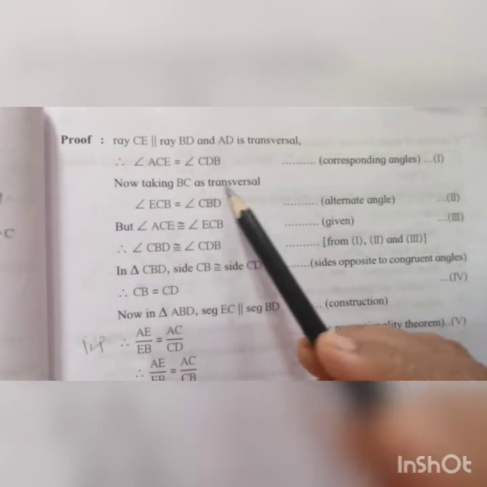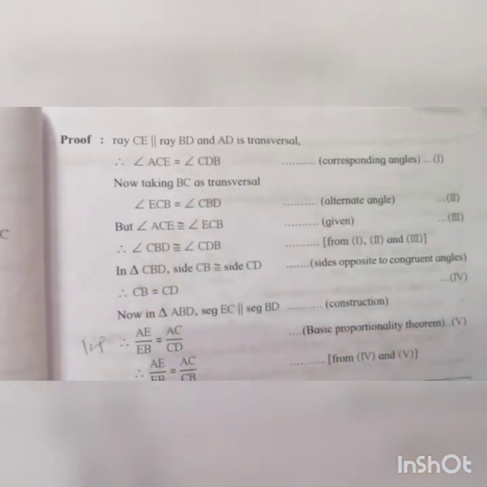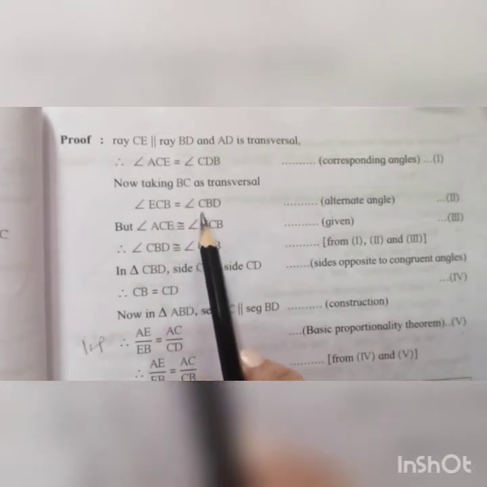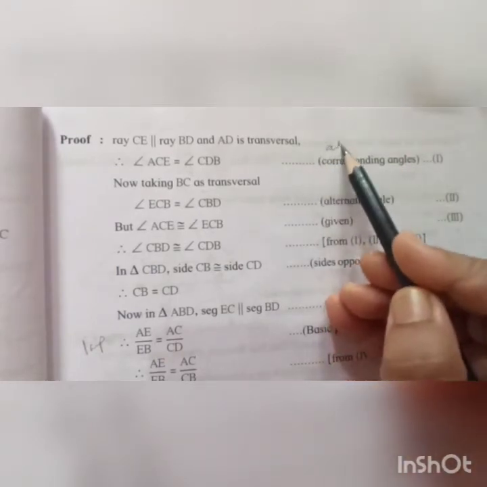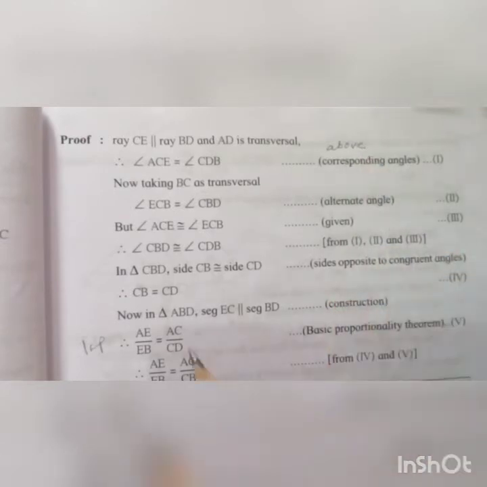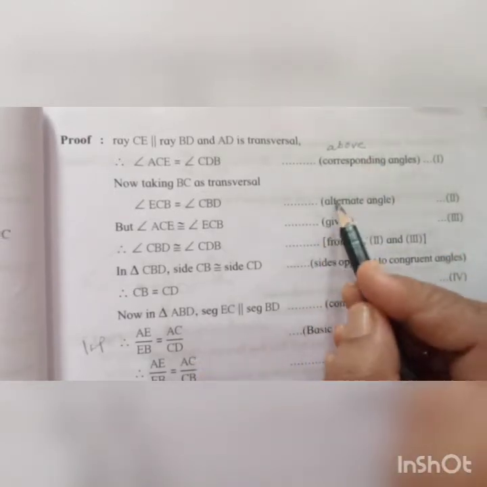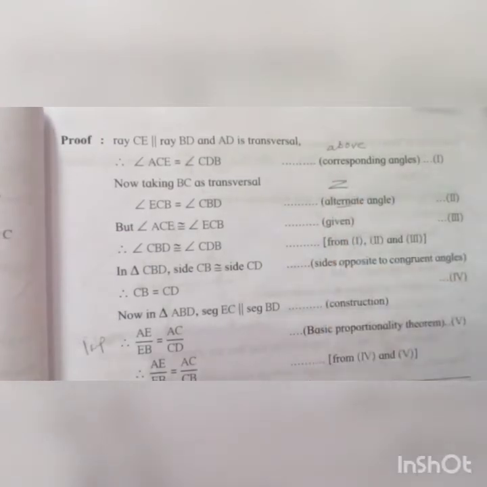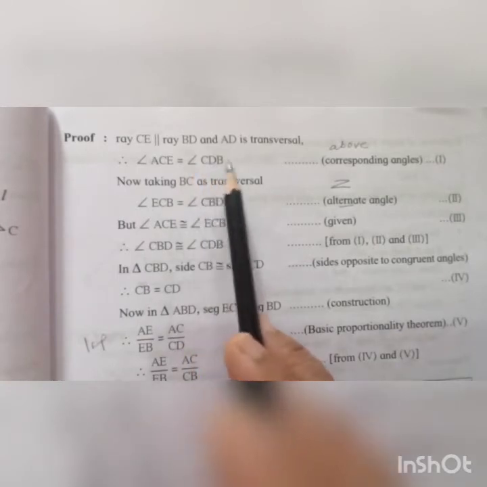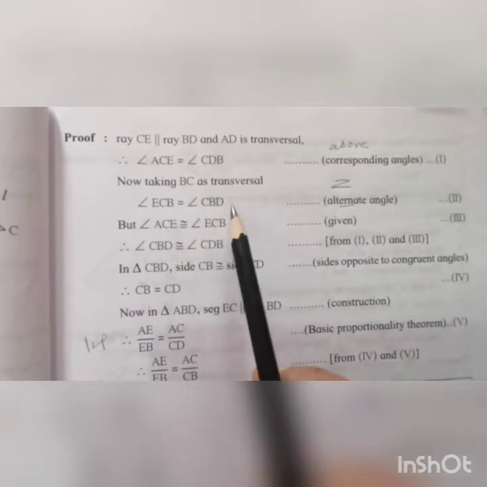Now taking BC as transversal, angle ECB is equal to angle CBD, alternate angles in pocket of Z. These are corresponding angles because they are above the parallel line. These are alternate angles because they are in the pocket of Z. And ACE is equal to CDB and ECB is equal to CBD.